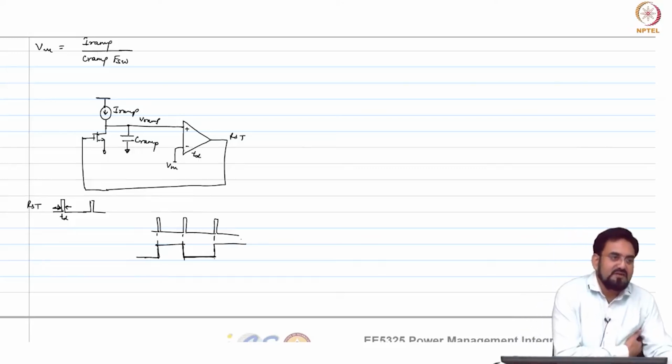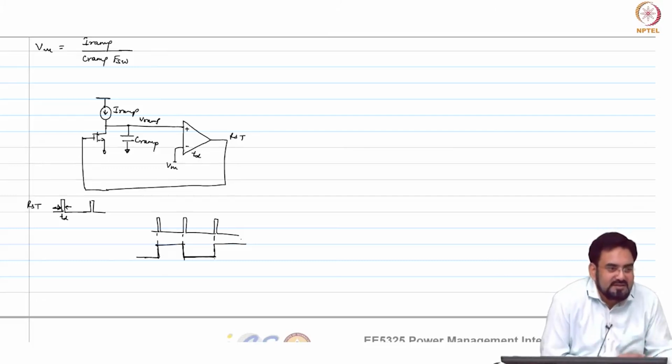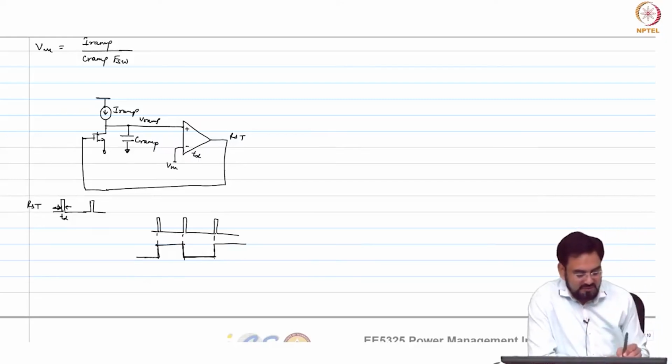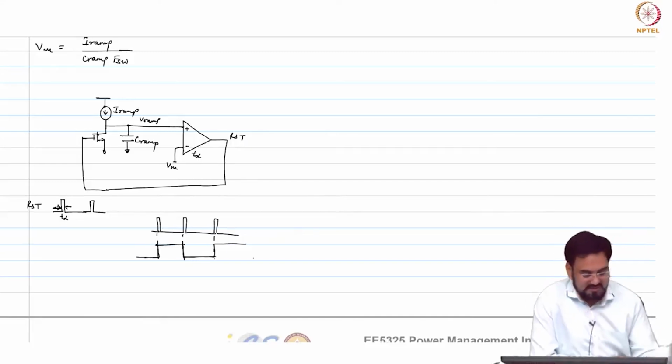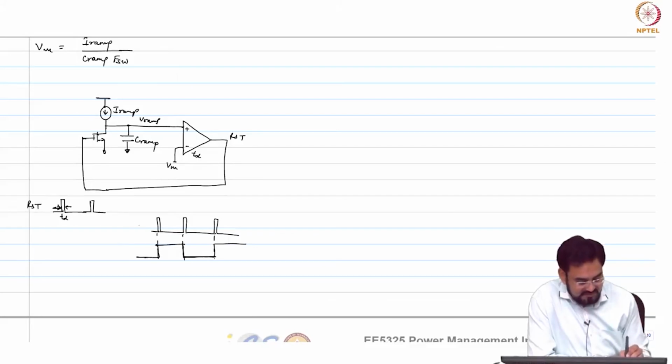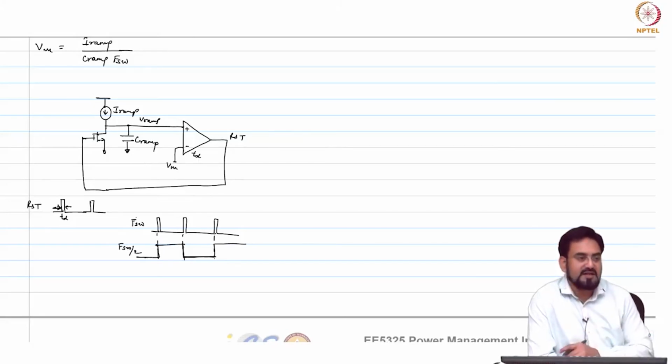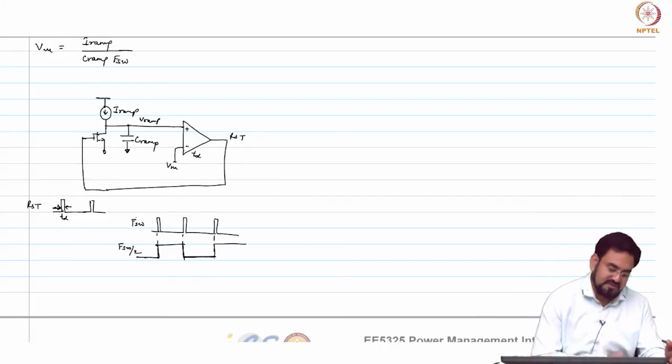You can use a T flip flop, it is just a counter, divide by 2, divide by 4, modulo 2, modulo 4, that is a counter. The output of your flip flop will be half of this frequency, but 50% duty cycle. If this is FSW, this will be FSW by 2, which means if I want FSW, then I have to run it at 2x frequency, that is it.